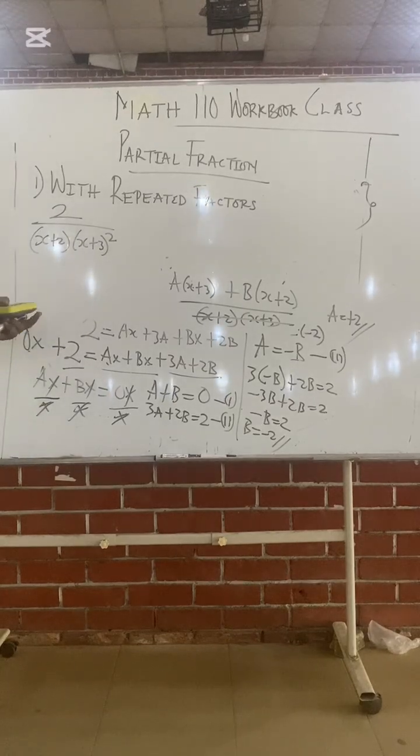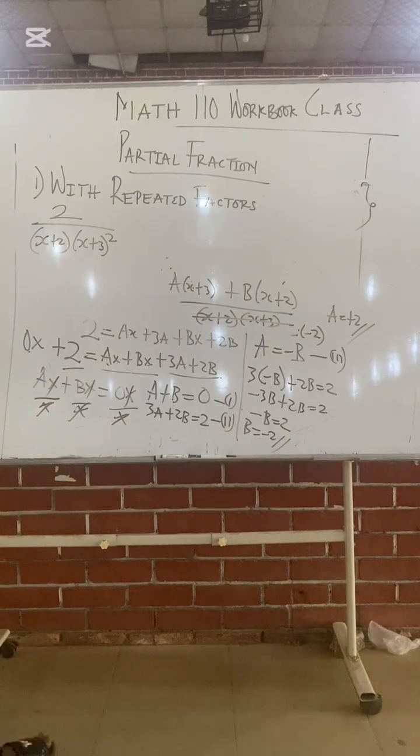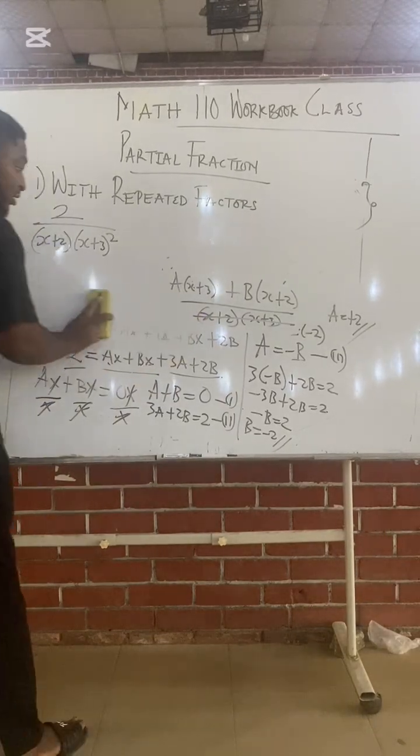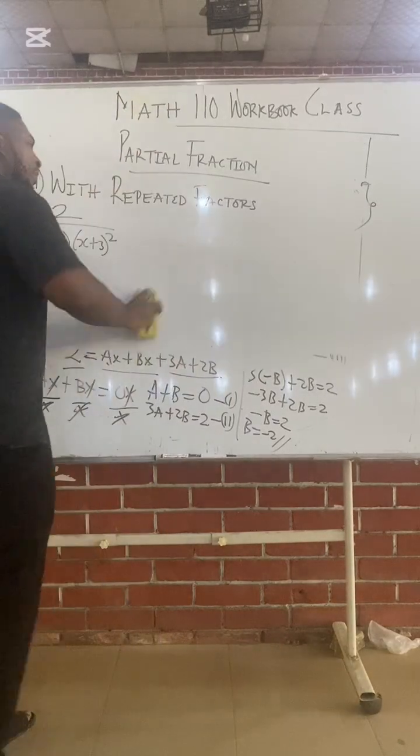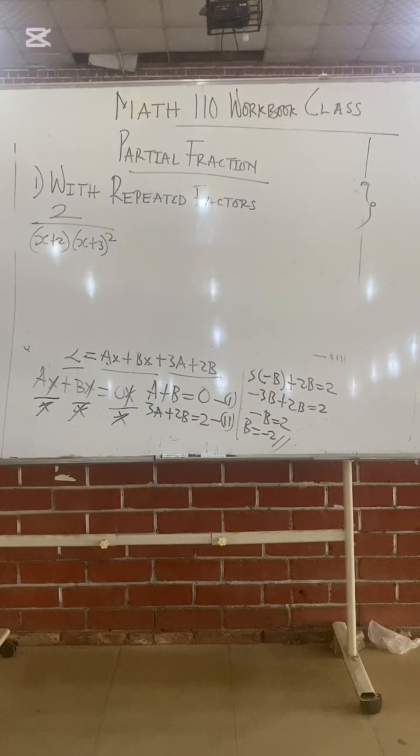Class, once one of your factors is squared or cubed, it's already repeated, and it has a different rule. Not quite different, but at least not exactly the same.